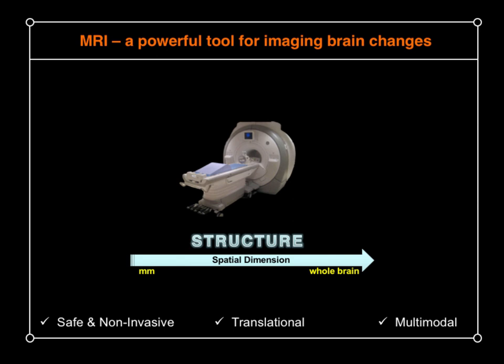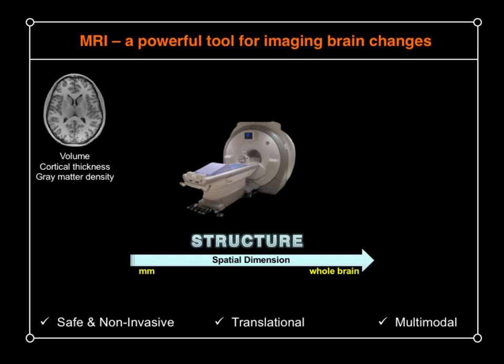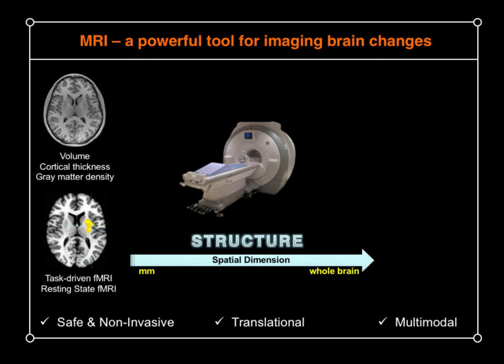What I mean by that is that with the same device, you can program a sequence, in this case a T1 weighted image, which gives you very nice gray matter, white matter, and CSF contrast, and you can compute volume and other measures like cortical thickness, gray matter density, and so on. You tweak that sequence and make it sensitive to deoxygenated hemoglobin. You now have task-driven fMRI or resting state fMRI.